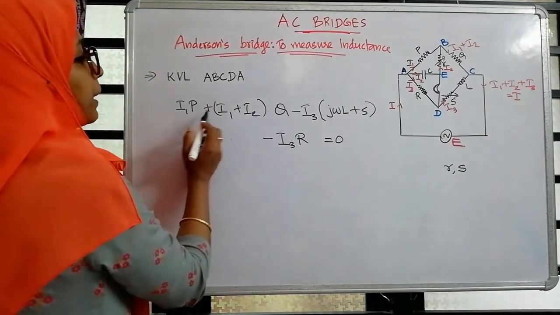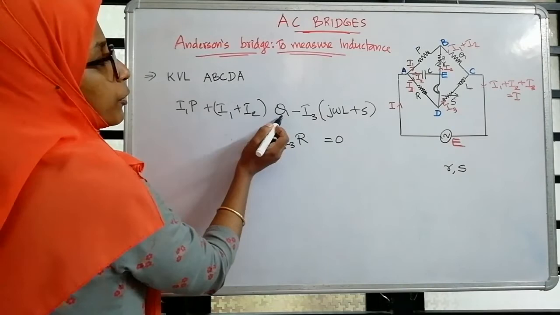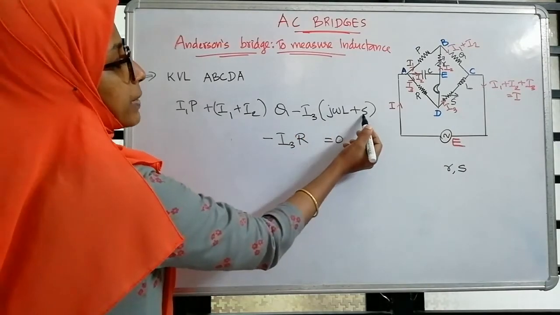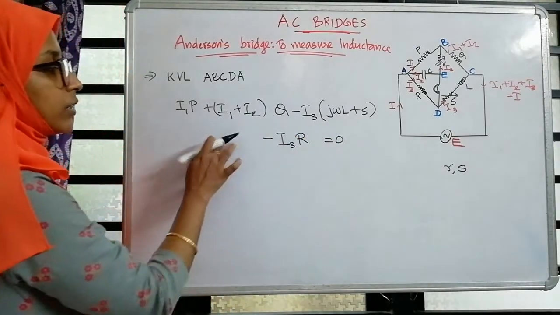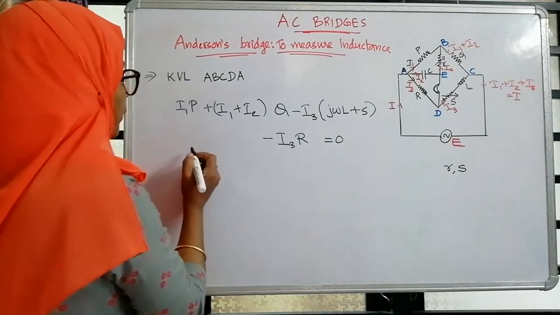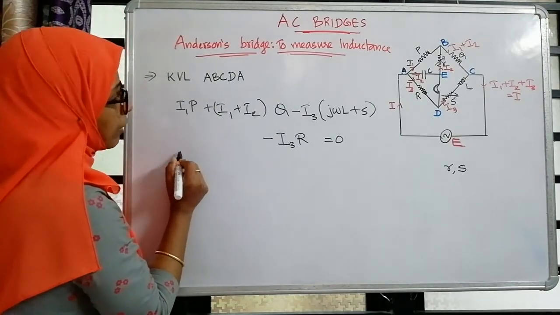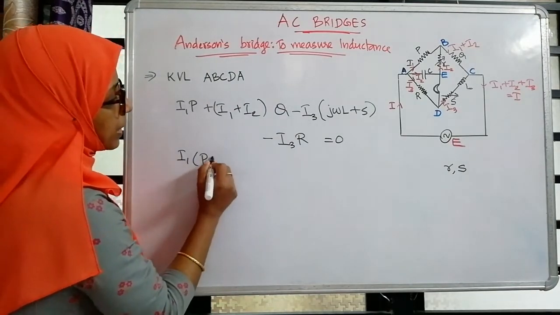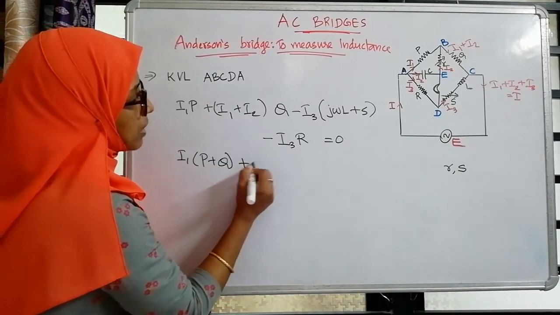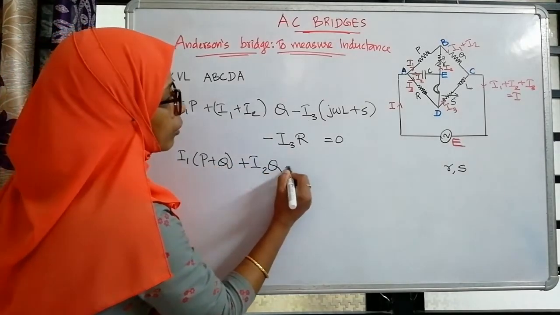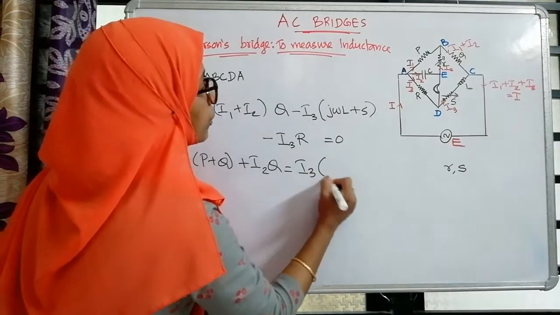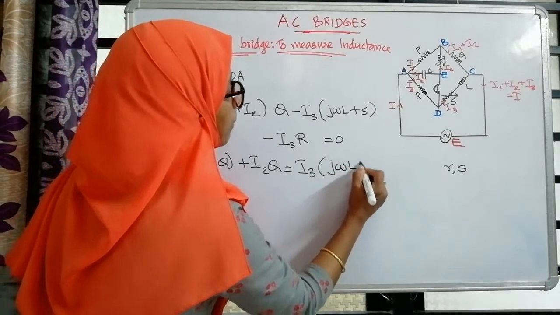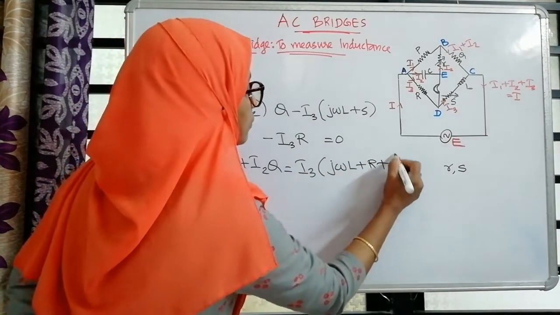So I1 into P plus (I1 plus I2) into Q minus I3 into (j omega L plus S) minus I3 into R equals 0. Now I am going to rearrange this. That is I1 into (P plus Q) plus I2 into Q is equal to I3 into (j omega L plus R plus S).